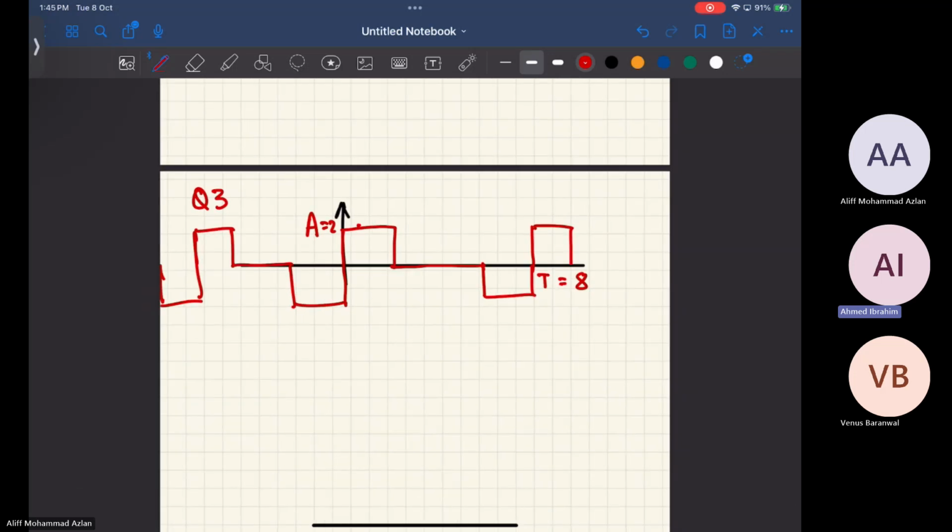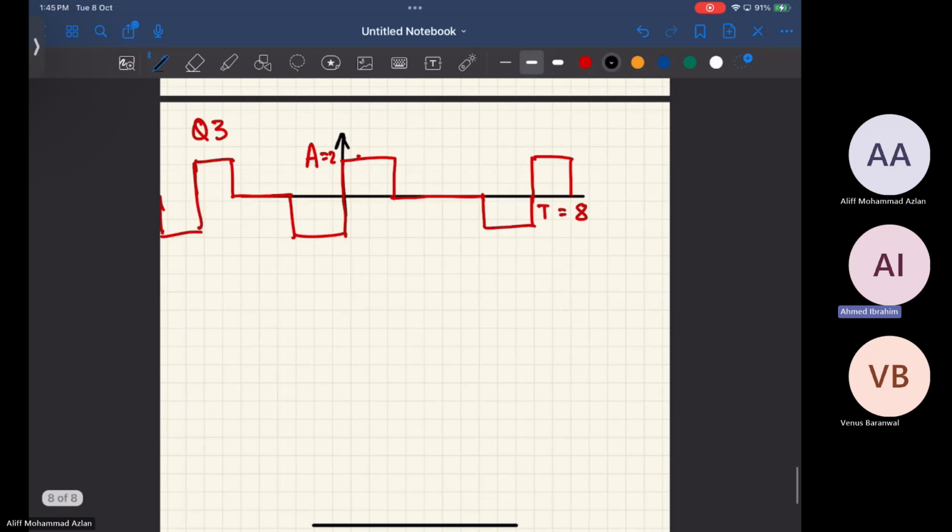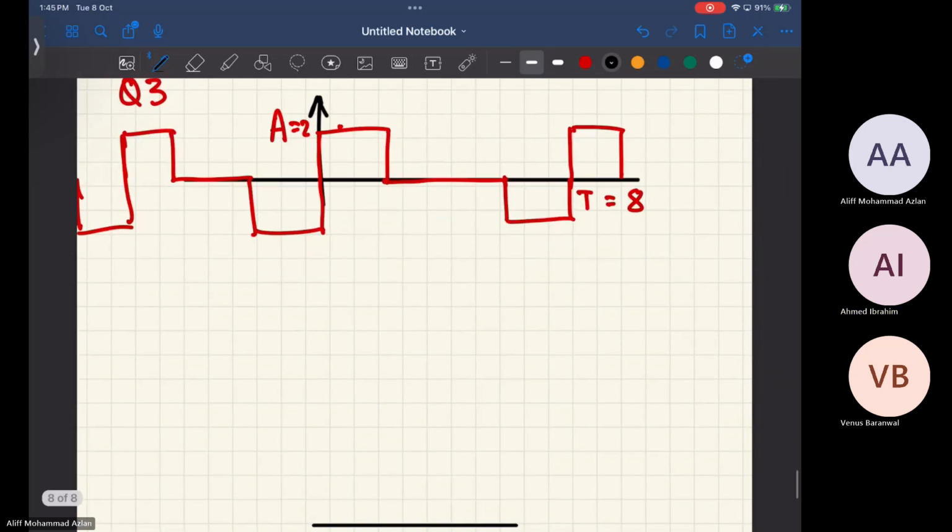So Fourier series, essentially what that is, it's just an infinite sinusoidal representation of a periodic function, and it's expressed as follows.